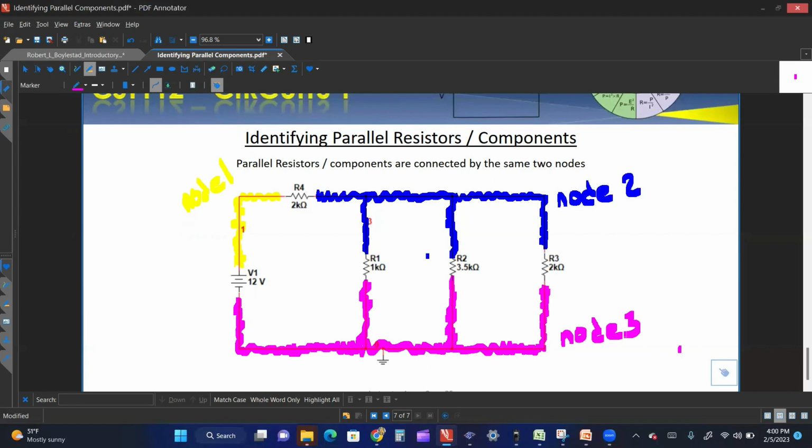All right, but if I ask you, which resistors are in parallel, you just apply the same definition, same principle, that the component has to be connected by the same two nodes. And so let's do that here.